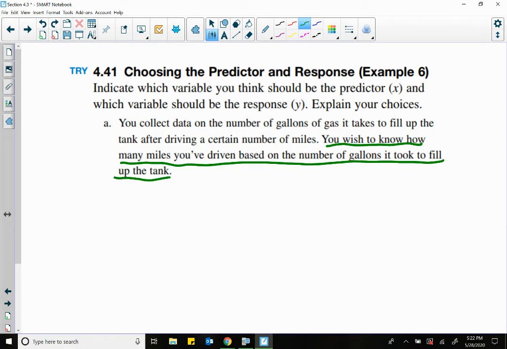Okay, so we got two ideas here. We've got gas, which is in gallons, and we've got miles, technically driven. I don't know why I said mild. Miles driven. Based off this last sentence, if you read this, it says, you wish to know how many miles you've driven based on the number of gallons it took to fill up the tank.